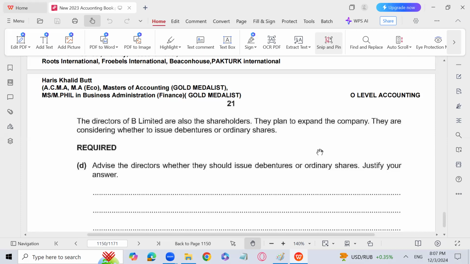Then the company has to show its financial statements to the lender, who will decide whether to give us the loan. Maybe we have to give some collateral to that particular person to get the loan. And if you go for the expansion by issuing shares, it means there will be more ownership in the business.